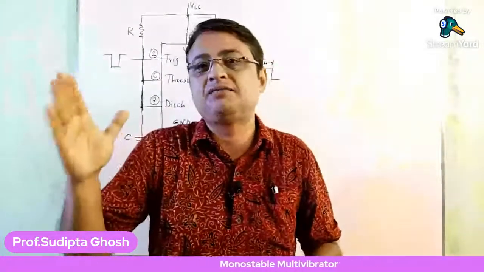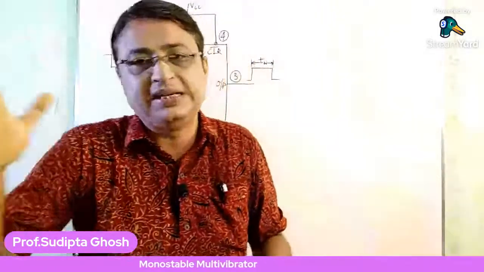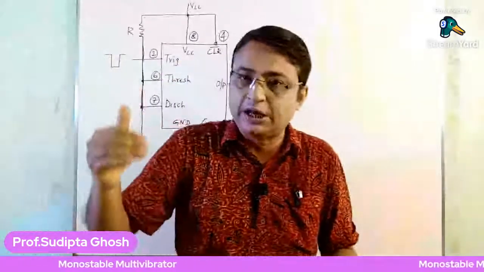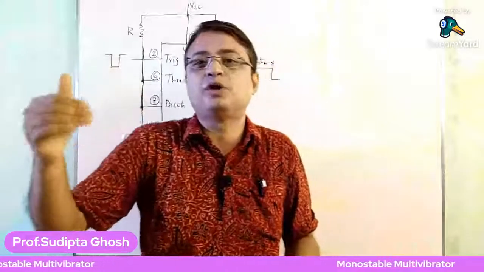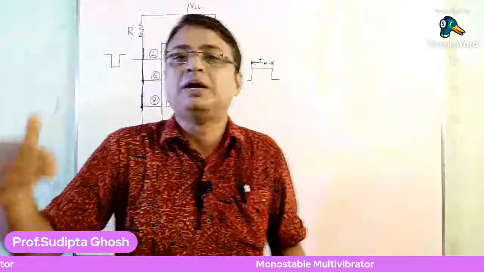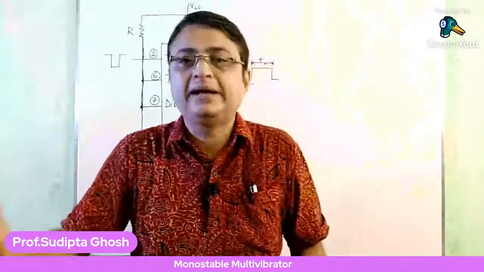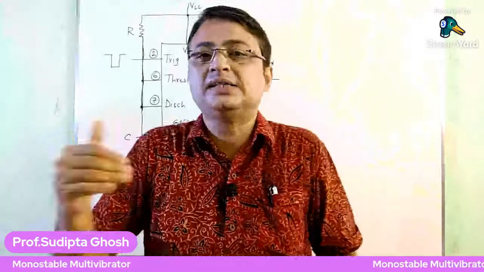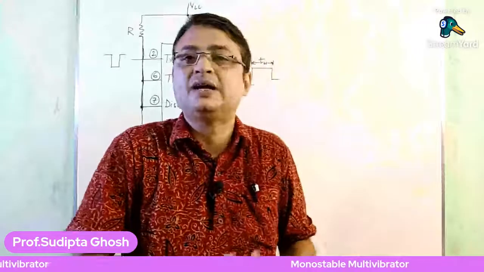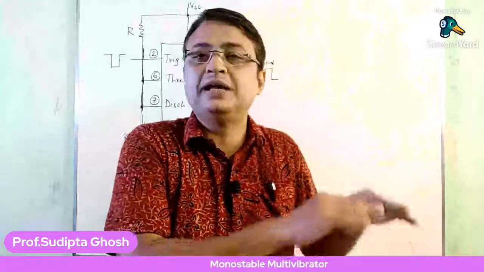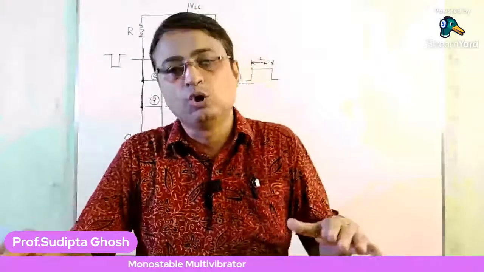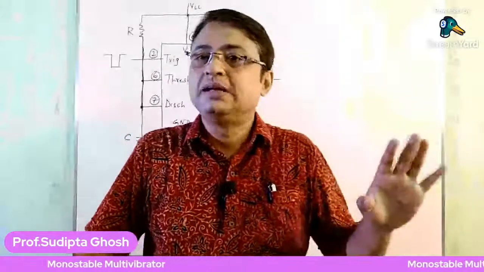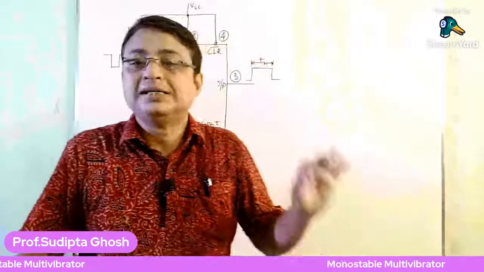And as the 555 timer output is 0, that means Q bar, the output of the SR flip-flop, is high. That will make the discharge transistor go into its saturation state, which makes the capacitor voltage go to ground. That was the discussion about the stable state.